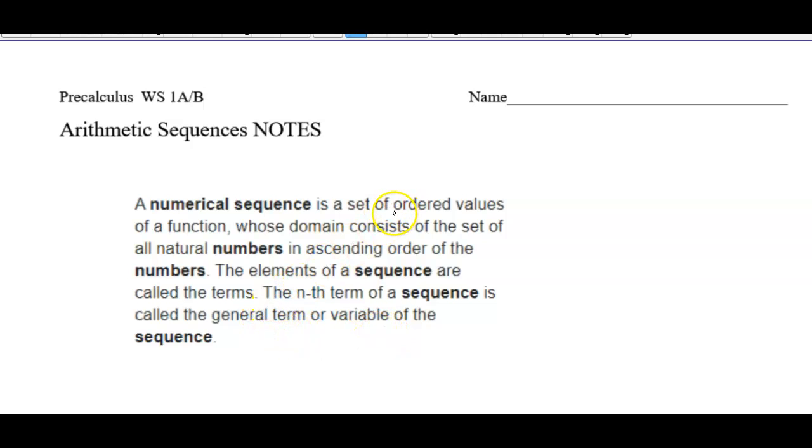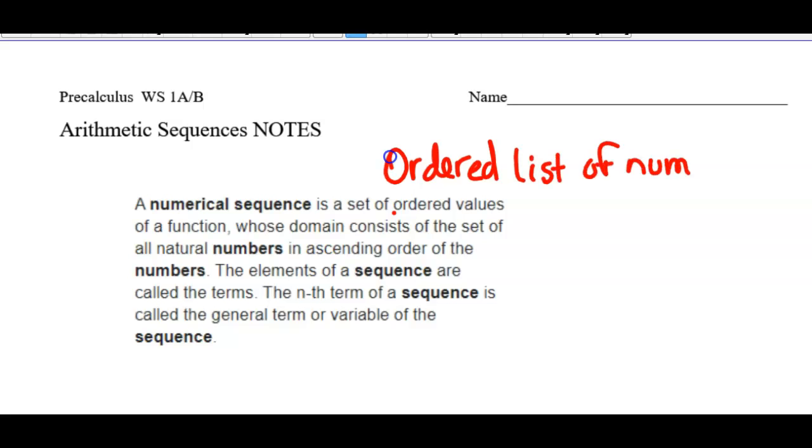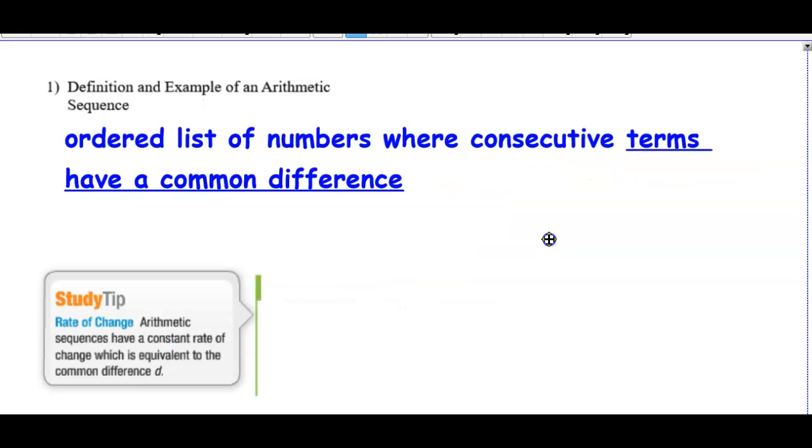So let's just go with it's an ordered list of numbers. This business about the domain consisting of all natural numbers is about counting. So it's term 1, term 2, term 3. There's no decimal term numbers and all that good stuff is what that's saying.